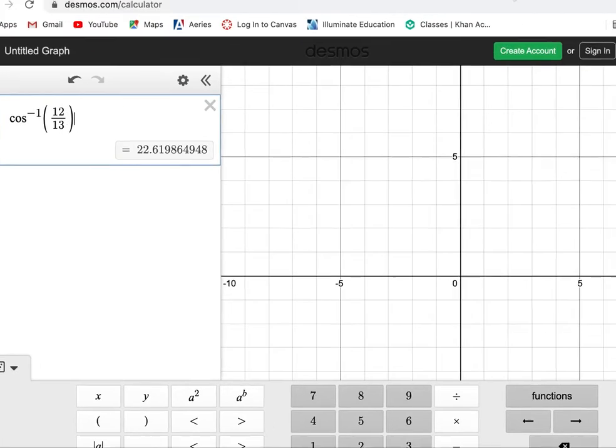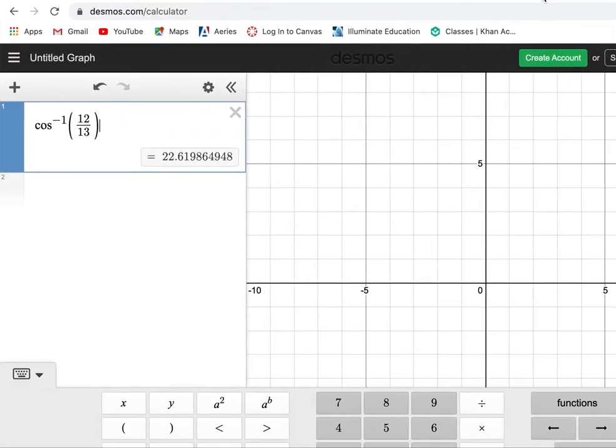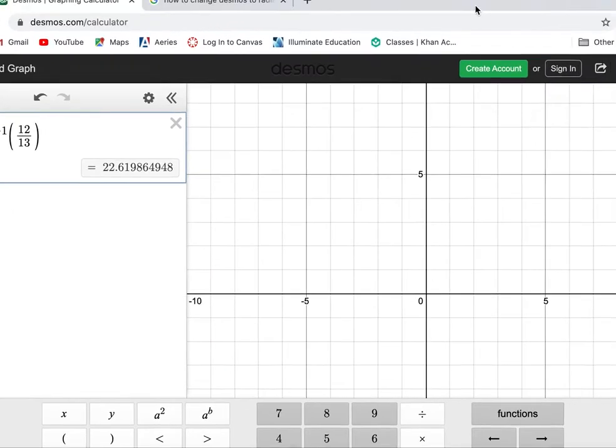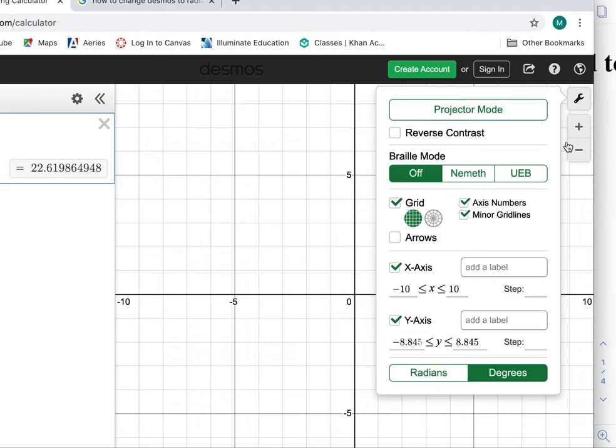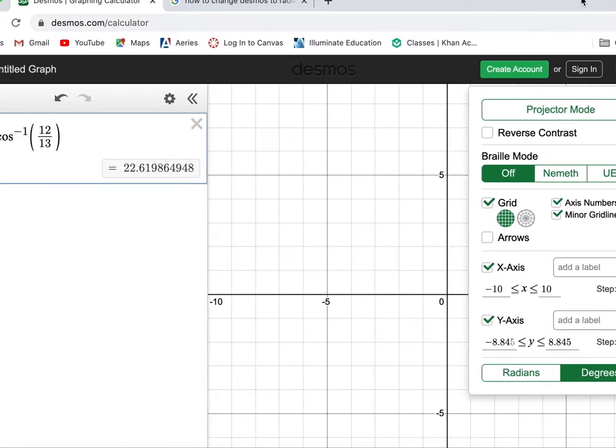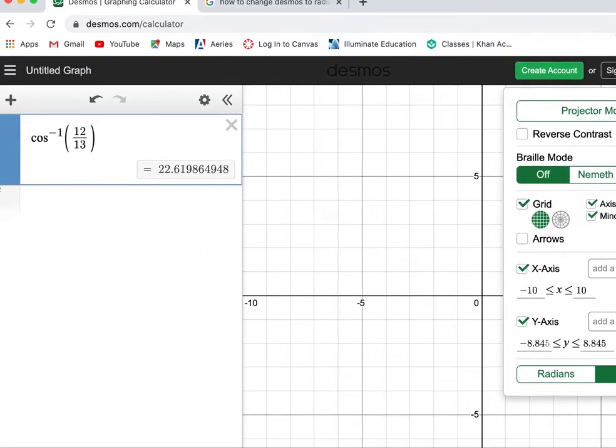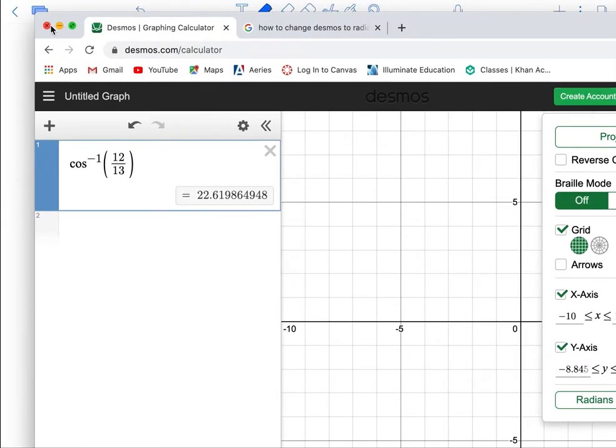Be careful because your notation has to be in degrees. Check where it says graph settings, and make sure it says degrees, not radians, okay? That's how you use it on Desmos if you don't have a calculator offhand.